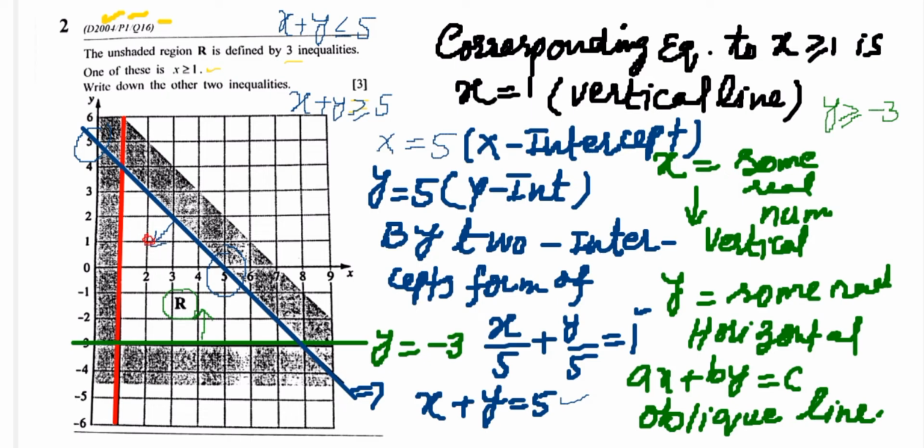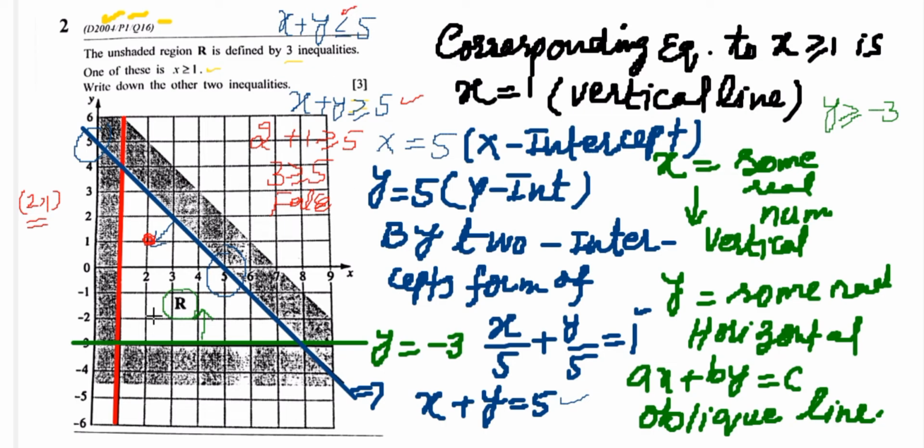The coordinates of this point are x is equal to 2 and y is equal to 1. If you put x is equal to 2 and y is equal to 1 in your inequality, you have 2 plus 1 greater than or equal to 5. 3 is greater than or equal to 5. Is this true? No, this is false. It means the greater than or equal to sign is not correct here. So the correct sign is less than or equal.